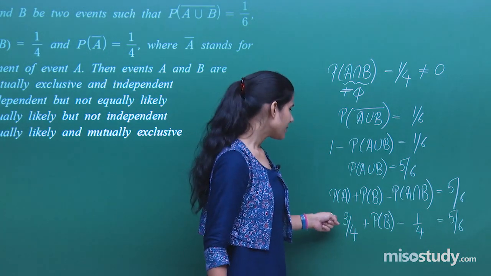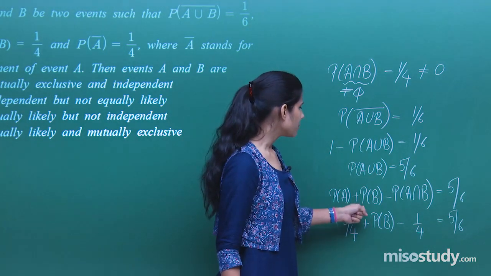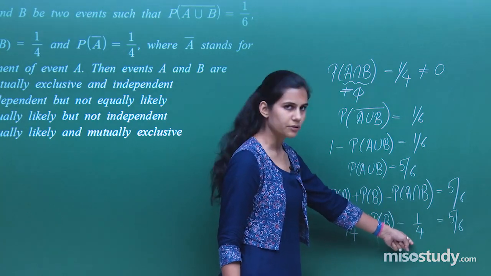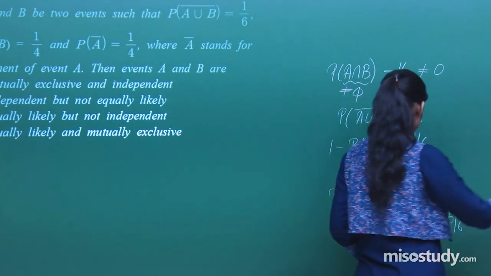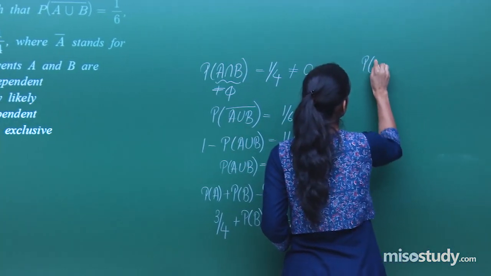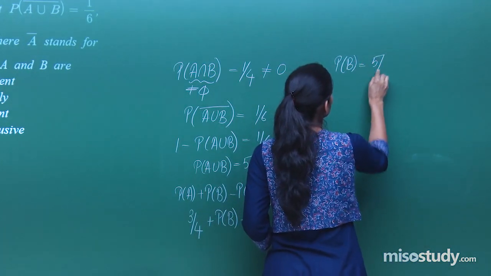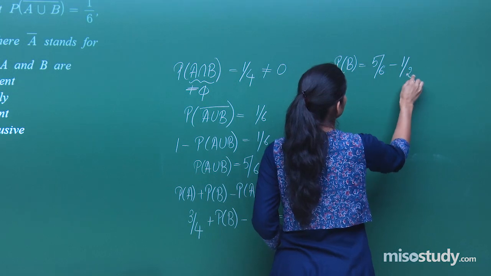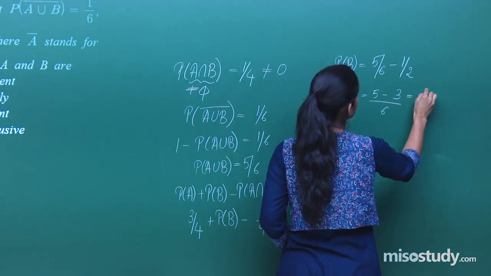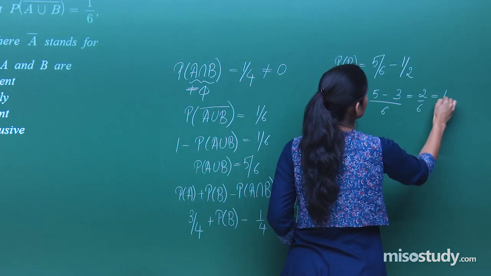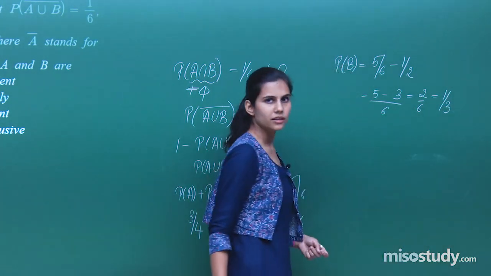Okay, so this becomes probability of A plus probability of B minus probability of A intersection B. 3 minus 1, that is 2 by 4, which is 1 by 2. So you get probability of B is 5 by 6 minus 1 by 2, which is 5 minus 3 by 6, which is 2 by 6, which is 1 by 3.